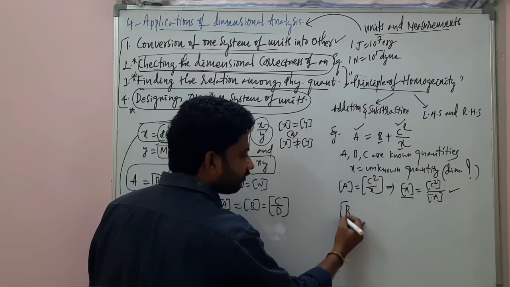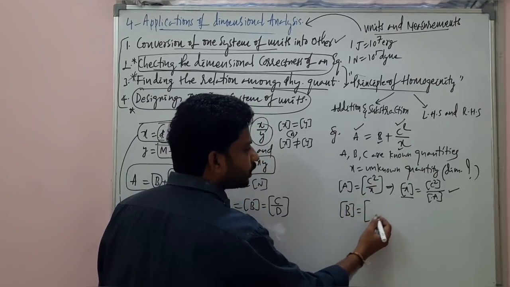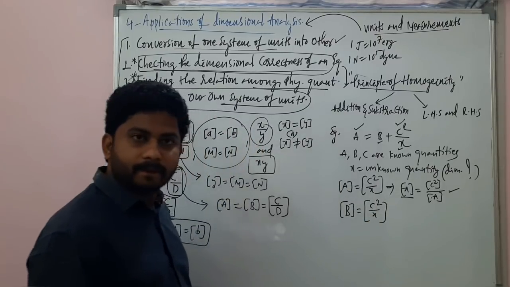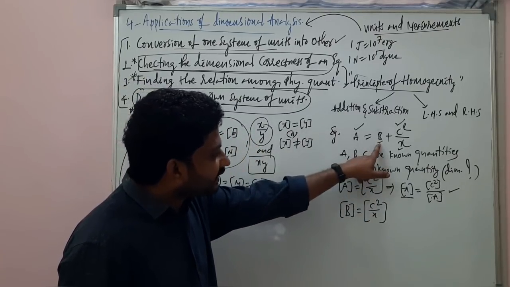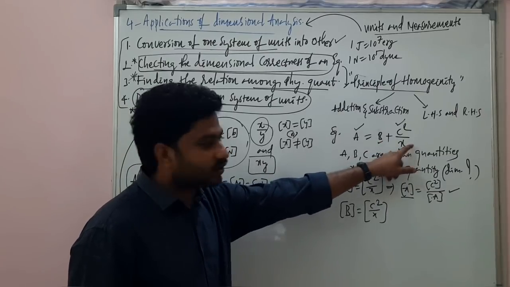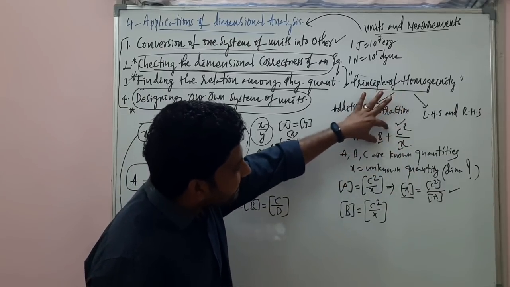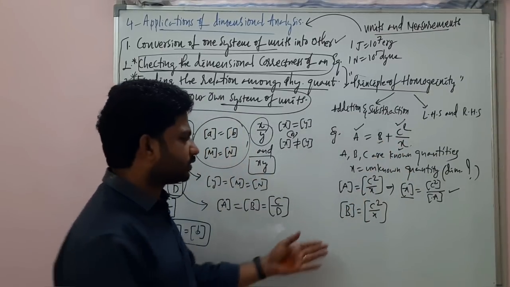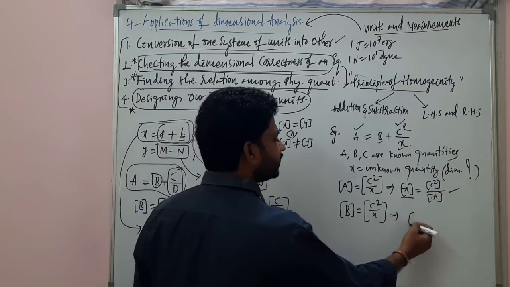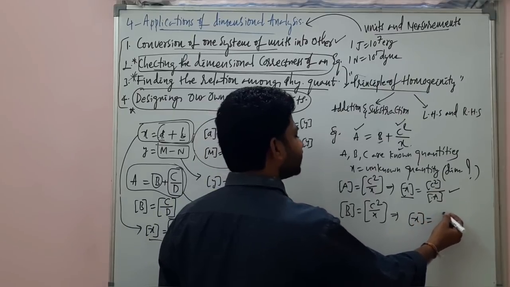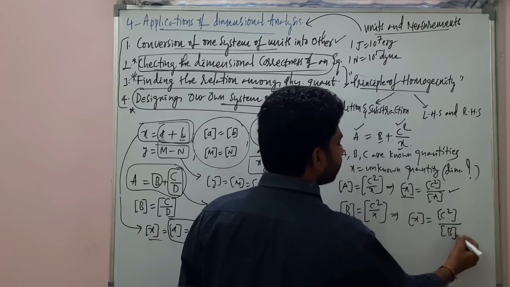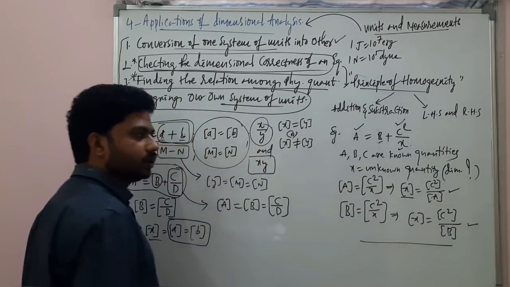So the dimensions of B must be equal to the dimensions of C square by X. Why? Because this entity plus this entity, there are two quantities we are adding. They must have the same dimensions. Here also the same thing. If you want to find the unknown quantity's dimensions, it is the dimensions of C square by the dimensions of B. Alright?